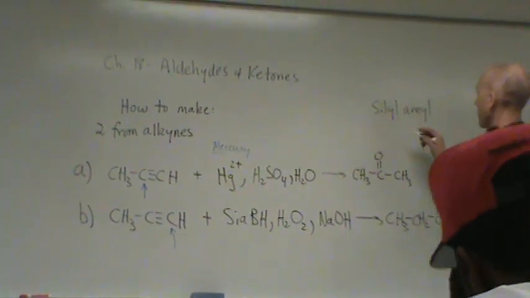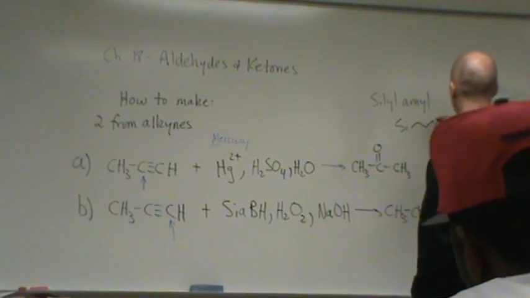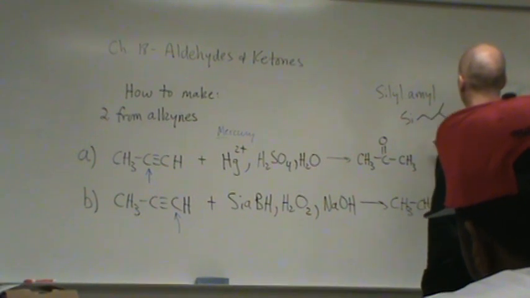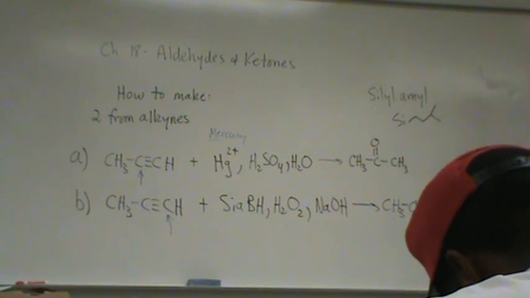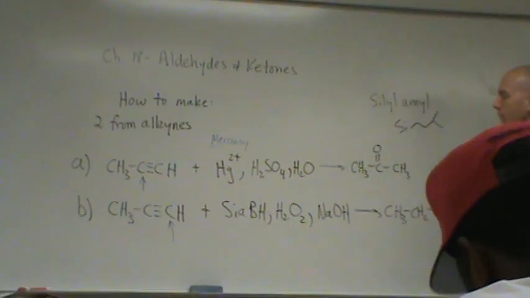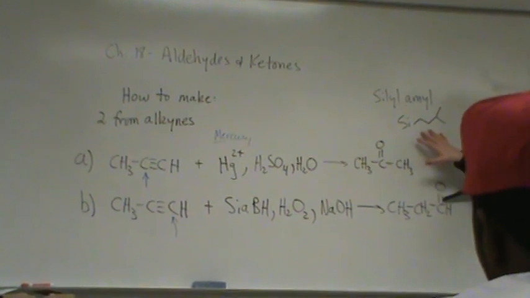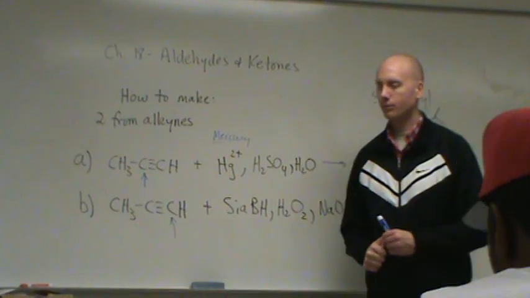What you have is a silicon with this 5-carbon isomer branch that's connected to the boron there. Not critical about this. Just remember this, and you'll be fine.